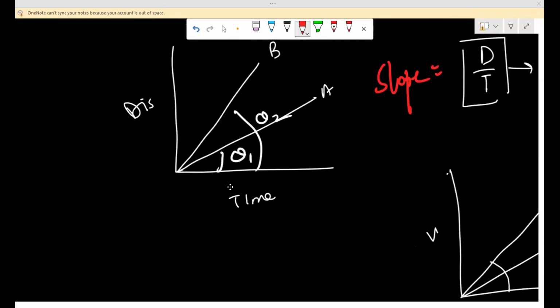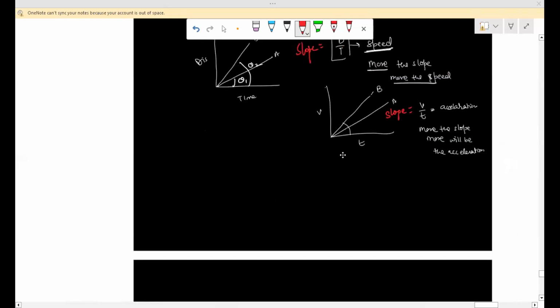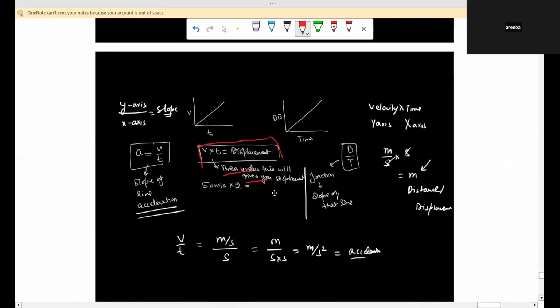All right. Am I right, Khadija? So two things we discuss when it comes to graphs. First, we discuss the slope, right? Slope is basically y-axis upon x-axis.